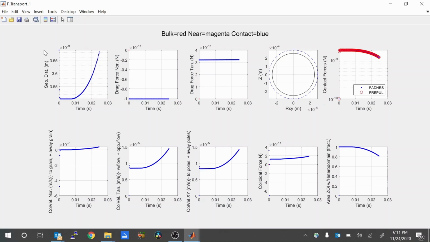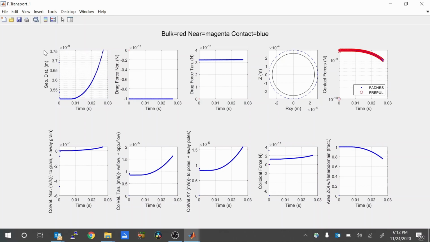So it has moved away from the surface 2 angstroms. But of course, as it starts to move away from this surface and off of this heterodomain, the separation distance will increase dramatically as the fraction of the zone of interaction occupied by heterodomain decreases. So it's worth watching this, even though it's a bit tedious.